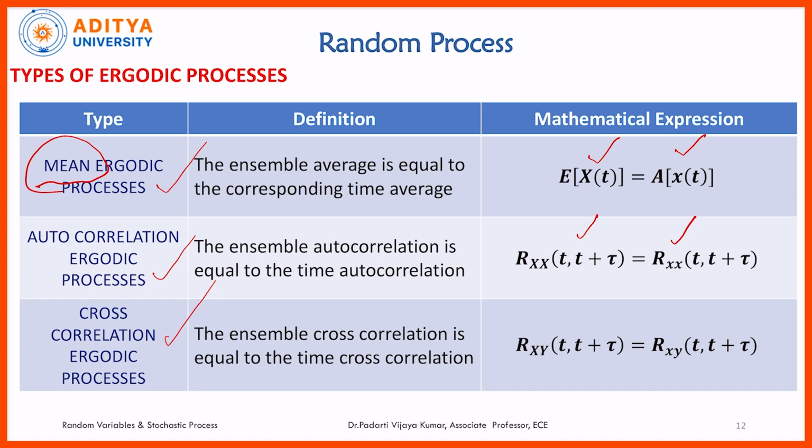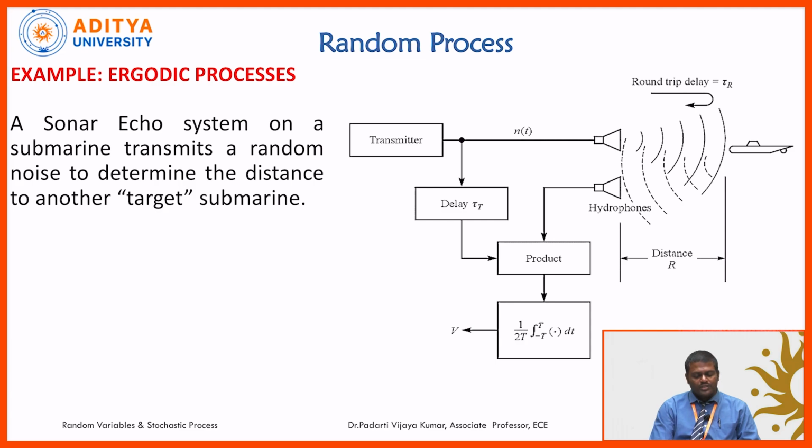And similarly, take the ensemble cross correlation function and the time average cross correlation function. If both are equal, then we call it a cross correlation ergodic random process. So, ergodic random processes are classified into 3 types: mean ergodic, autocorrelation ergodic, and cross correlation ergodic random process.